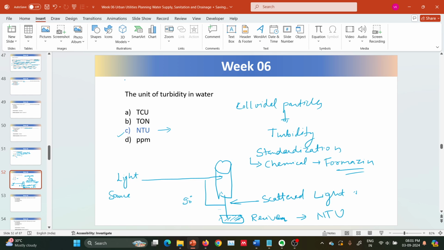So what you will do here, you will take the water sample inside, and in the instrument itself, the light source will send the light, and at 90 degrees we have photodiodes. The diodes will take the light and consider the light intensity, and they will give the results in the form of signals. So that will be converted into NTU later.